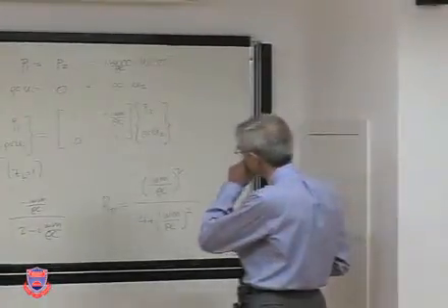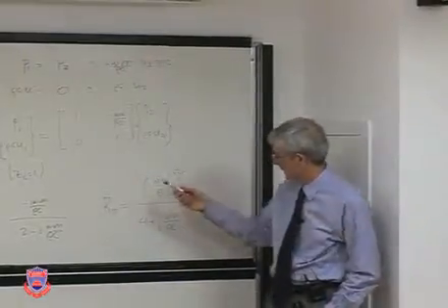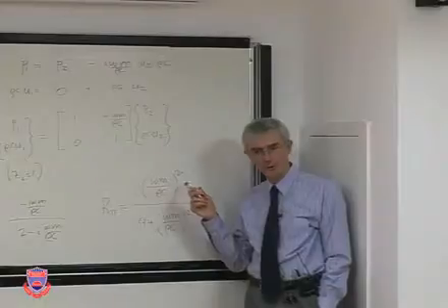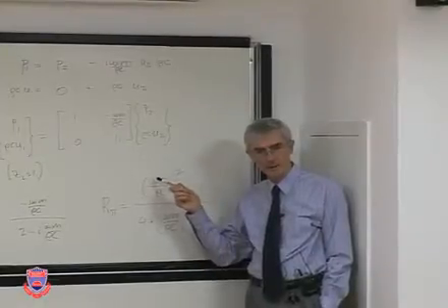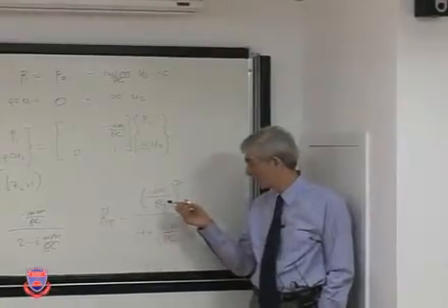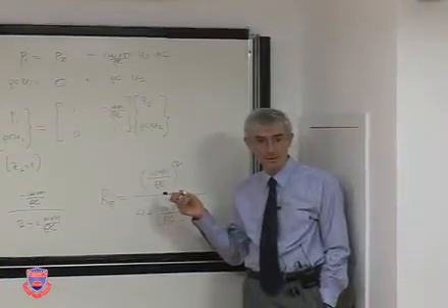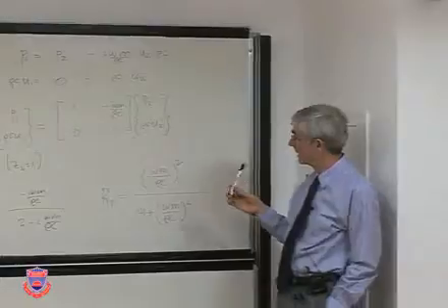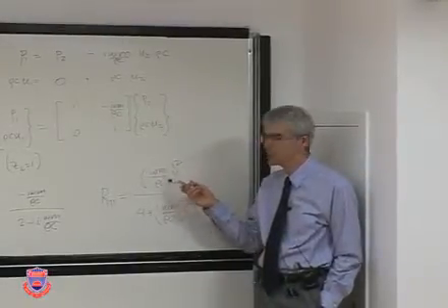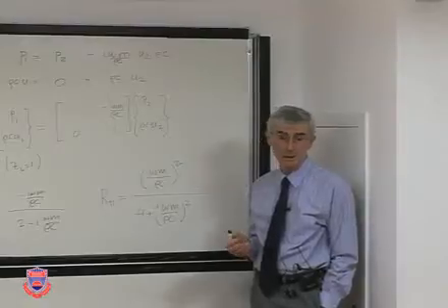Now, we look at here, we say, what is this the ratio of now? Mass impedance per unit area to specific acoustic impedance of the fluid. Now, what do you think this ratio is? Is it large, small?